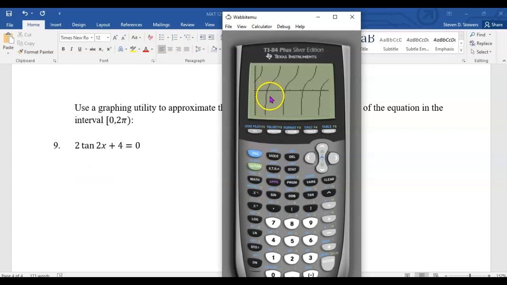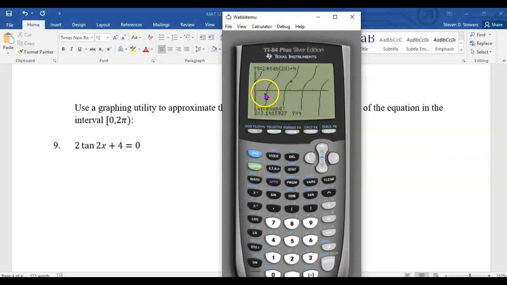Now this one here looks like it's right around 1. Can't tell if it's 1 exactly or just really close to 1, but somewhere around 1. So I'm going to go to the calc menu and ask it to find a 0.